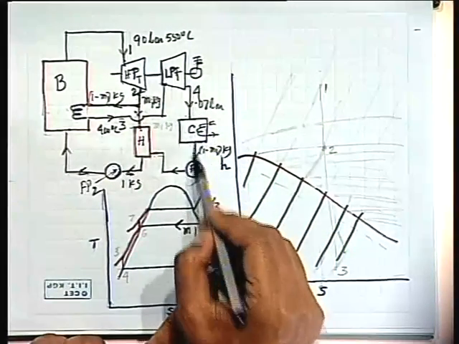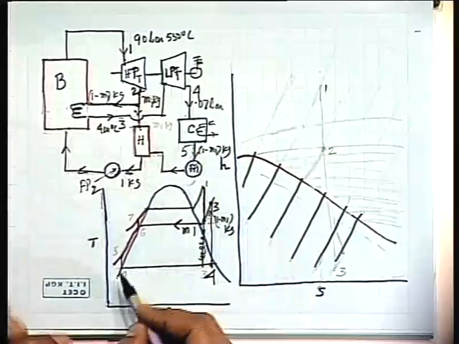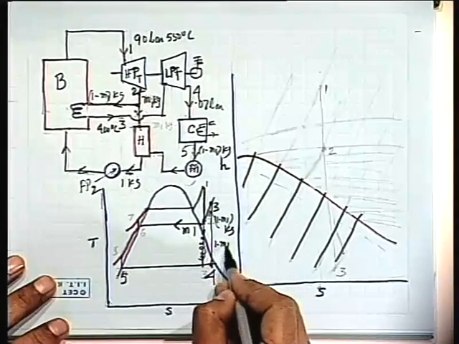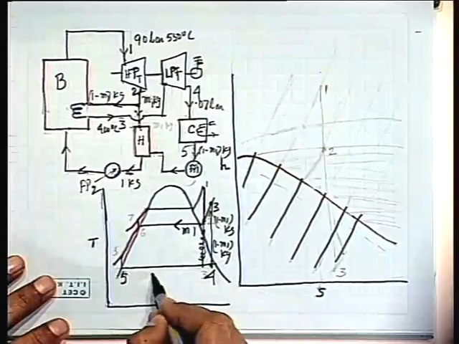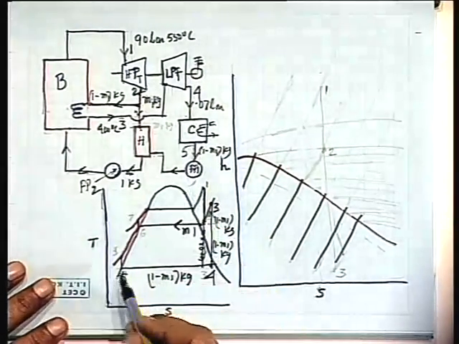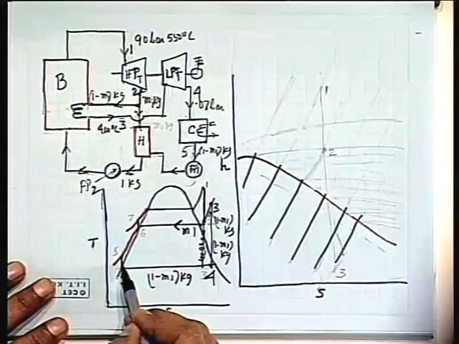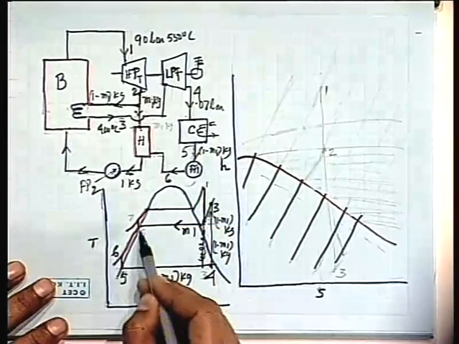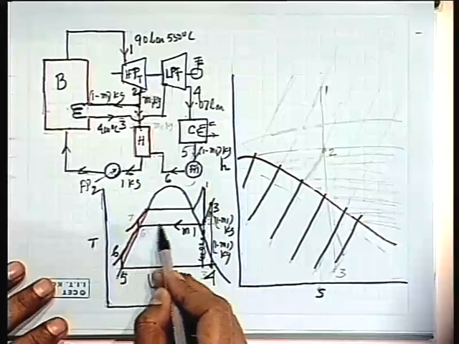After 4 it is condensed, so this point is 5. Therefore this is 1 minus M1 kg, as I have written earlier. Now this is the feed pump 1 process, which gives 5 to 6. 6 is which one? This pressure line.